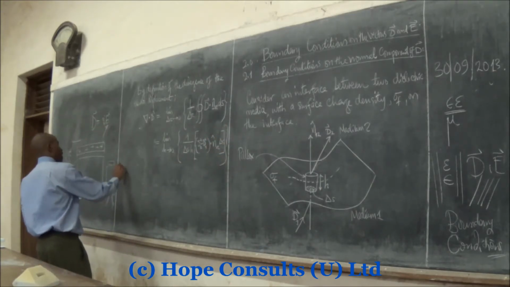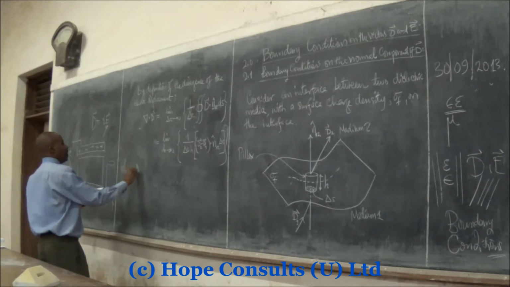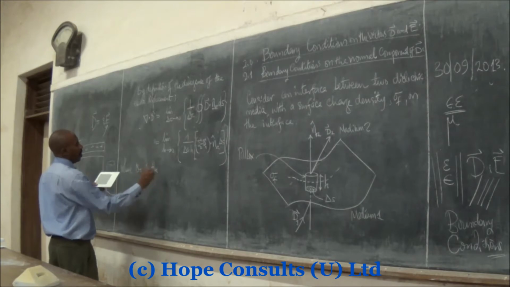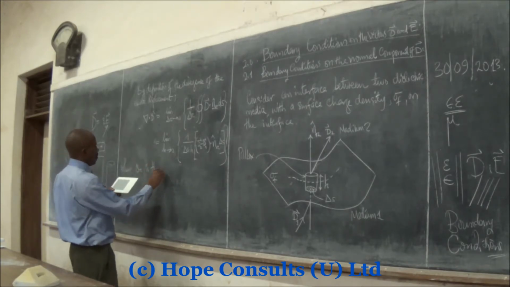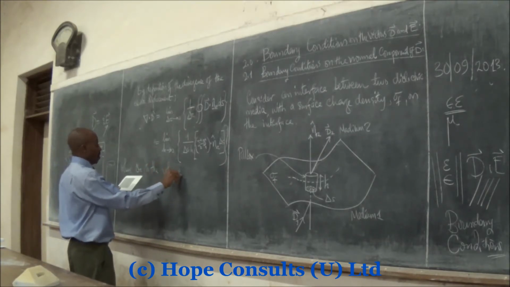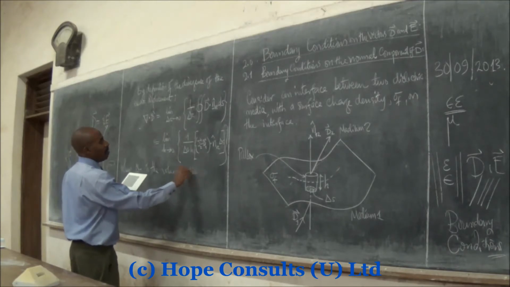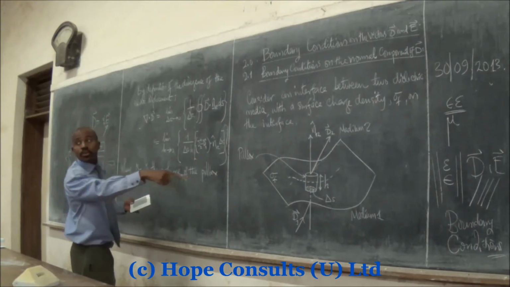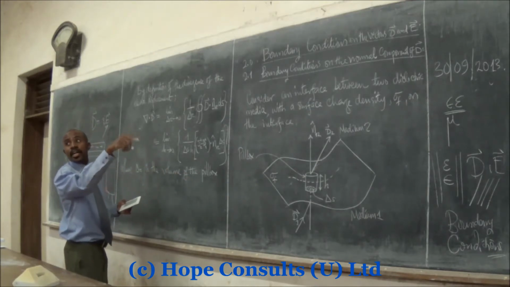Of course, where tau is the volume, or the element of volume, is the volume of the pillbox, which is the base cross-sectional area multiplied by the height h.